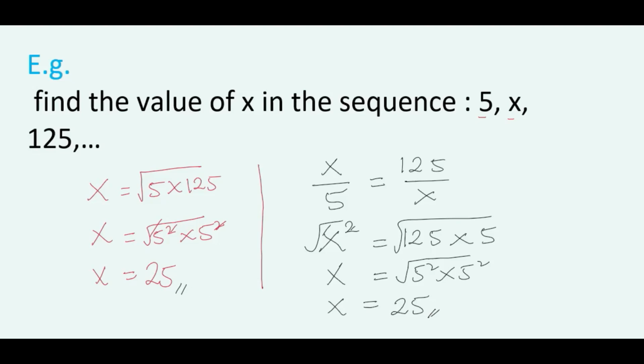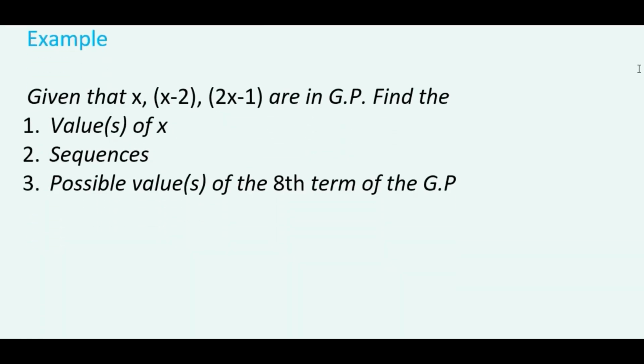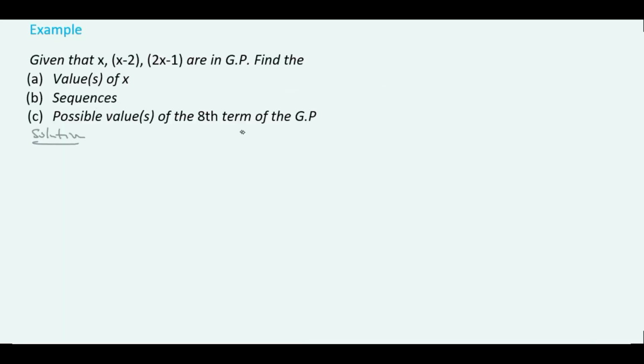Now, looking at the other question, given that x, x minus 2, 2x minus 1 are in GP, find the values of x. The sequence's possible values of the 8th term of the GP. What we are given is x minus 2 and 2x minus 1.